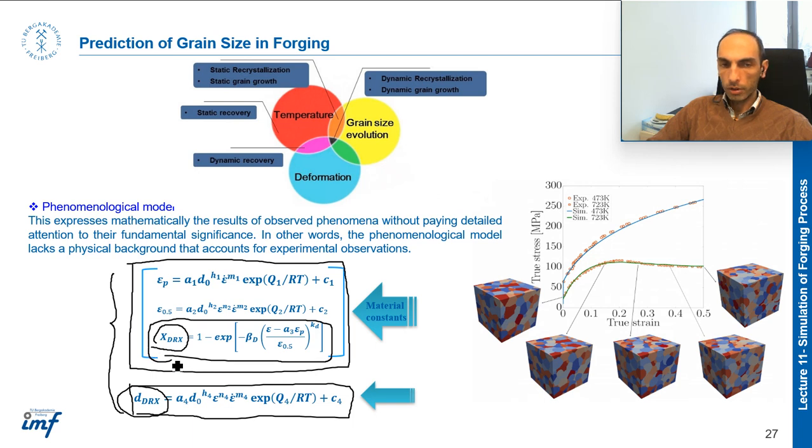For calculating this X_DRX, it is based on the famous Avrami equation. To model and calculate the fraction of recrystallization, you can see that you need some material constants like beta and k here, and some other parameters like epsilon 0.5 or epsilon peak here. So what is epsilon 0.5?